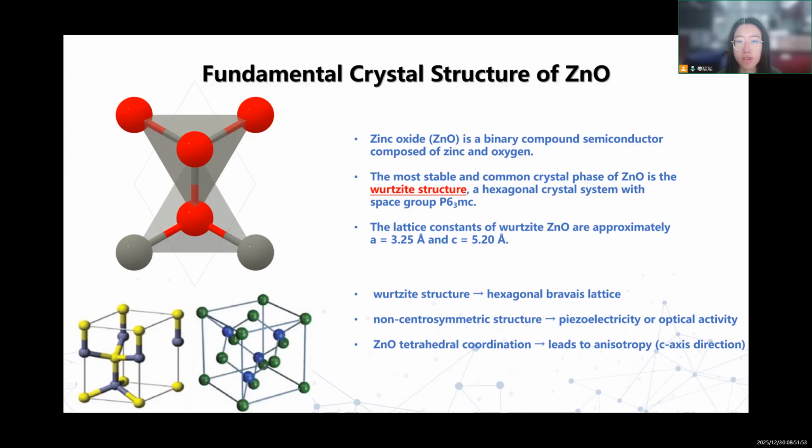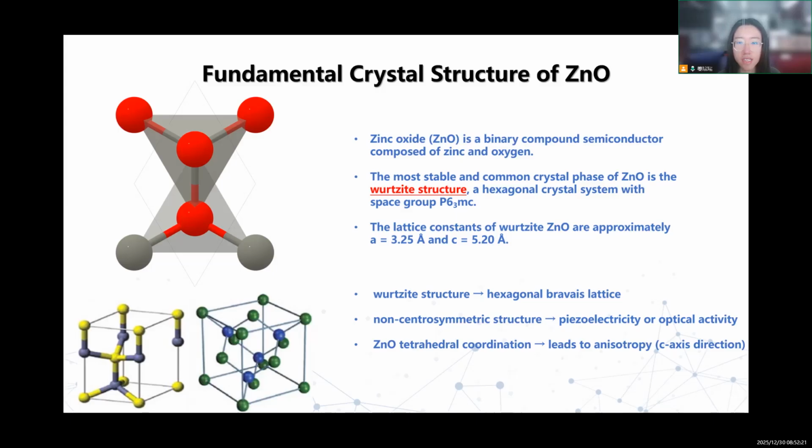The crystal structure consists of each zinc ion bonded to 4 oxygen ions in tetrahedral coordination, forming a stable zinc-oxygen bond network. It's a hexagonal crystal system with space group P63mc.